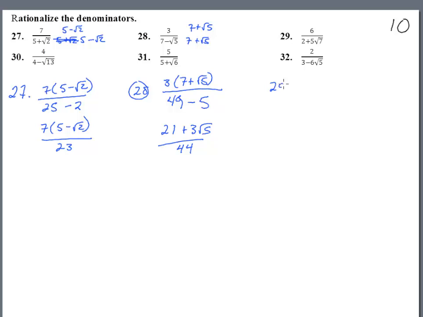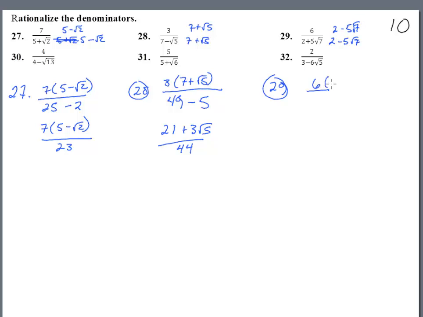Number 29. 6 over 2 plus 5 square roots of 7. So we're going to go 2 minus 5 square roots of 7, again using that conjugate that's so handy.